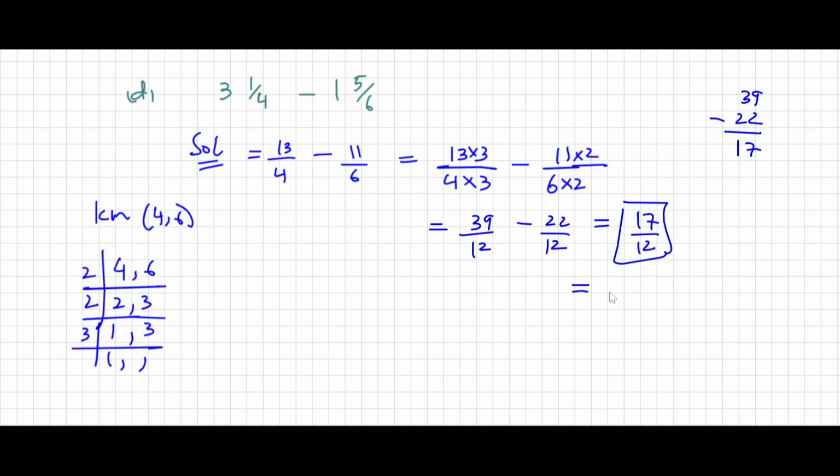In an exam we want the most simplified answer. So you will write 12 plus 5 divided by 12. So you will get 1 whole and 5 by 12.